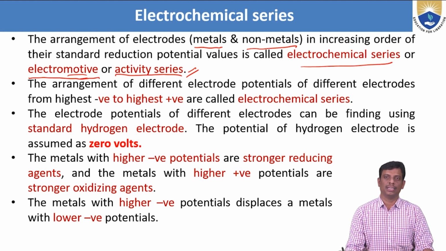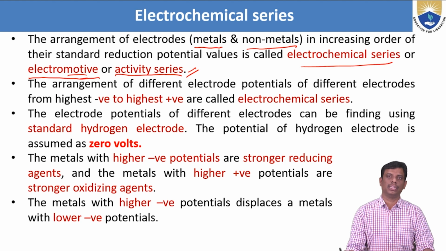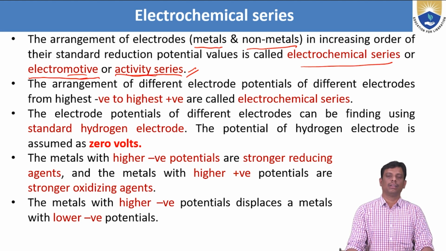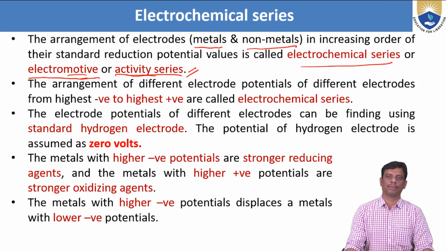The electrochemical series is nothing but the arrangement of electrodes in increasing order of reduction potential values, called the electrochemical series, activity series or electromotive series.